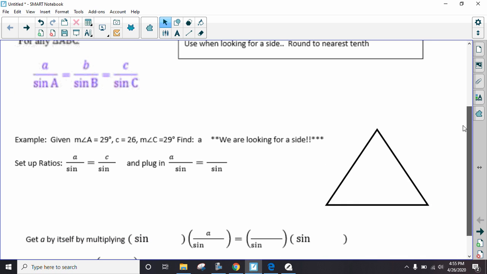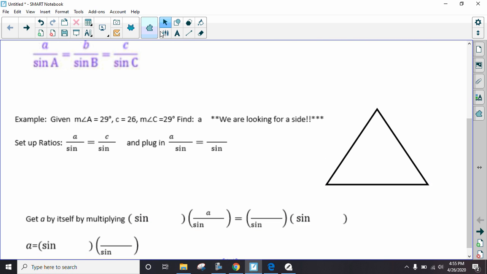All right, so let's look at this example. It says the measure of angle A is 29. The large or capitalized letters are the angles, so this is 29 degrees. It says that little c is 26.